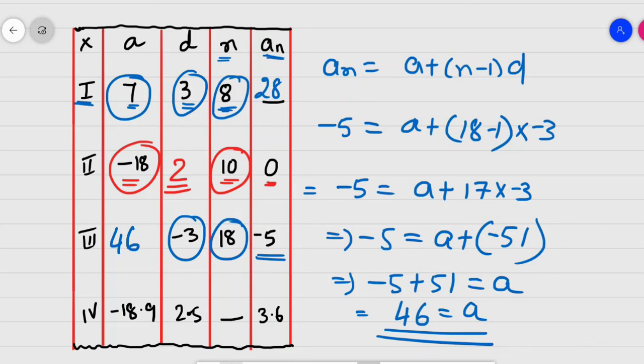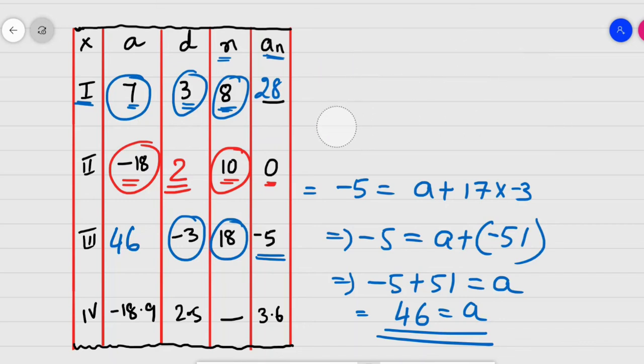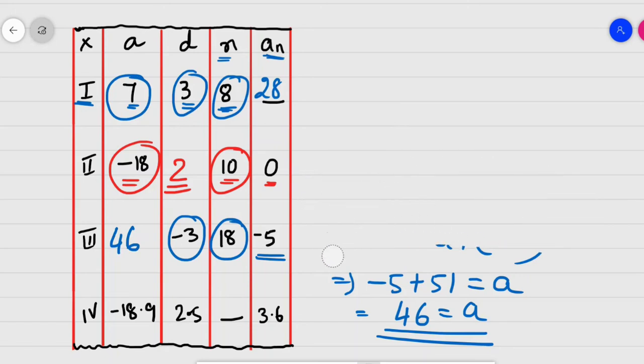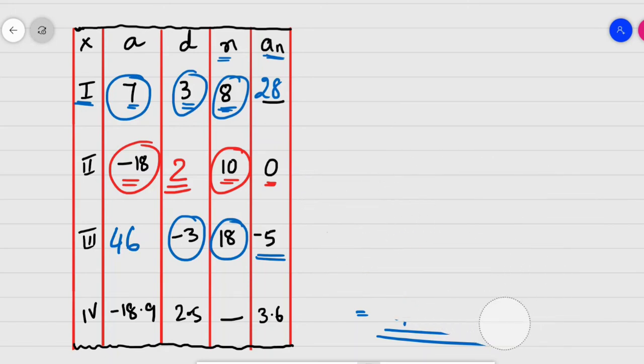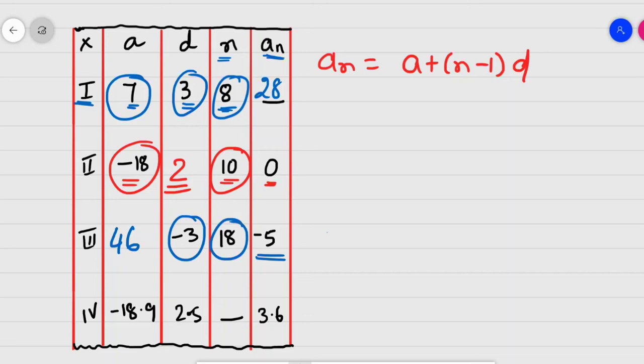Now the last. Let us see what our last question is. In our last question, it is given a is equal to minus 18.9 and your d is equal to 2.5. You have to find n, means number of terms, and your nth term is 3.6. Again do the same thing. Put an is equal to a plus n minus 1 into d, because you know the nth term.